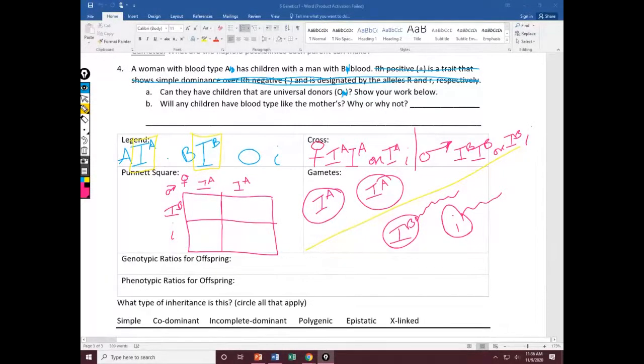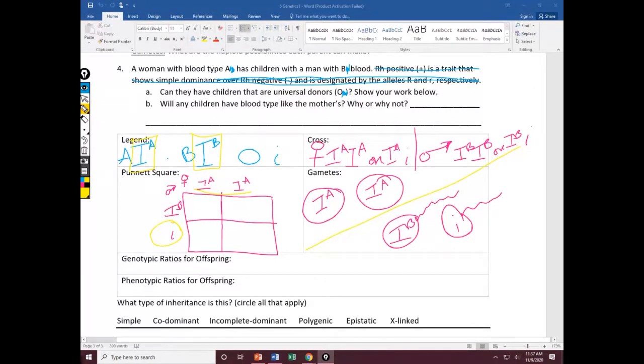In my particular setup, only one of my parents is donating a recessive allele, right? My mother I set up as homozygous dominant. Okay. So none of my boxes can be recessive i, aka blood type O.